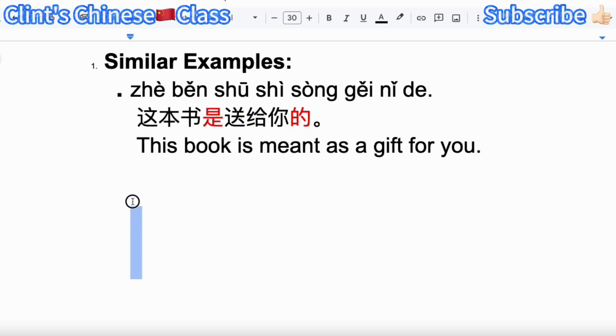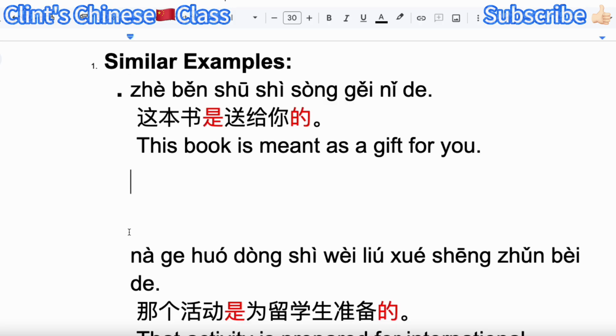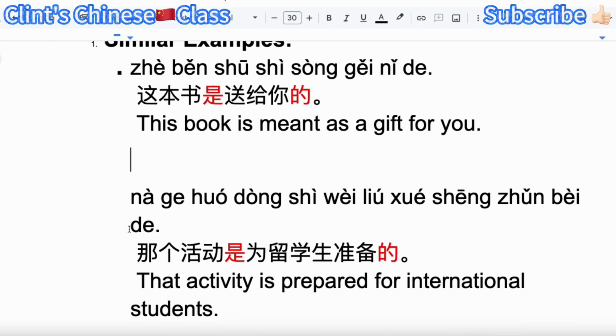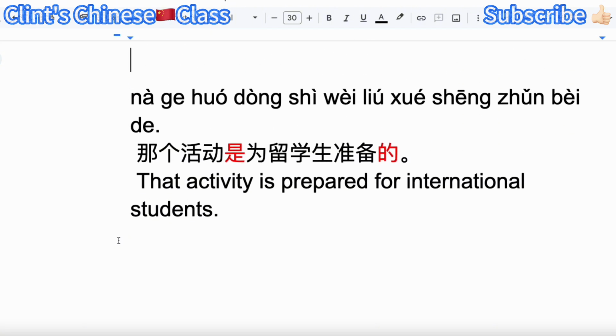This book is for you as a gift, of course. But what about this one? If you want to say that activity is prepared for international students, so here we use the 为 again, right? For somebody. Preposition is often placed before noun. Right? In English, it's the same.